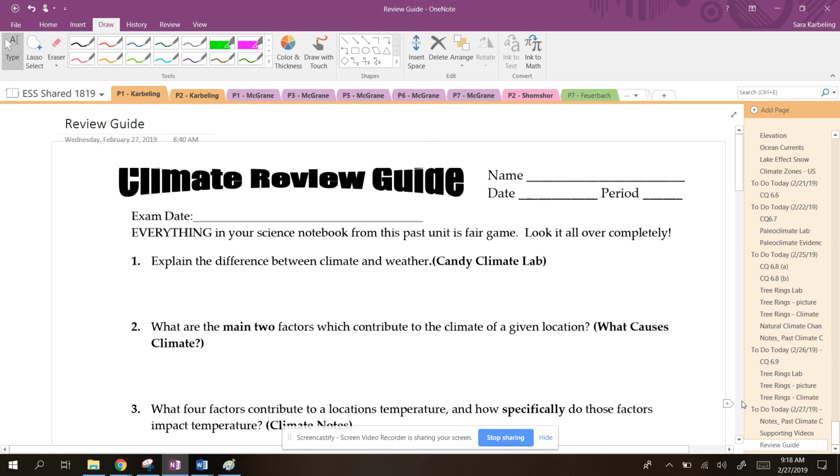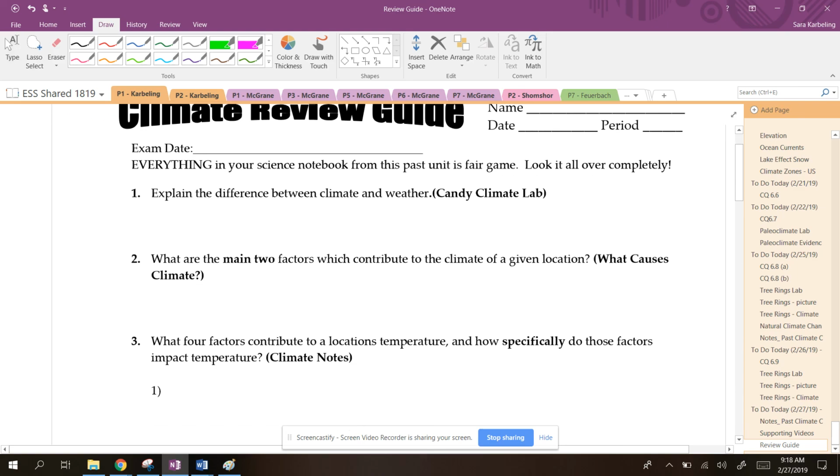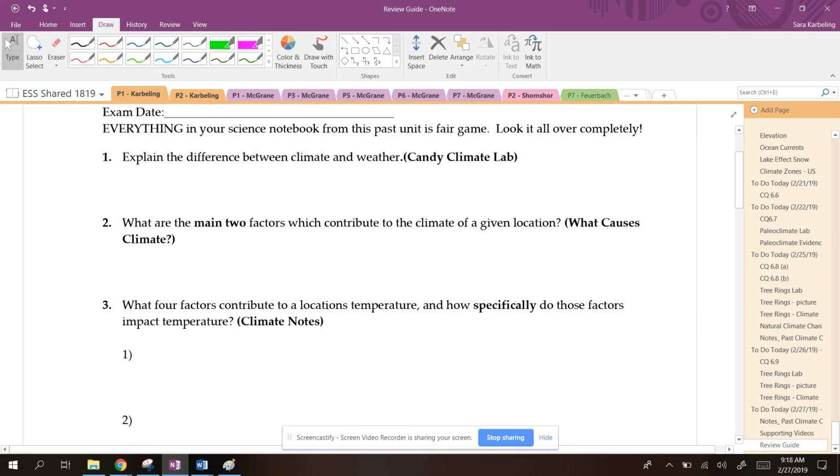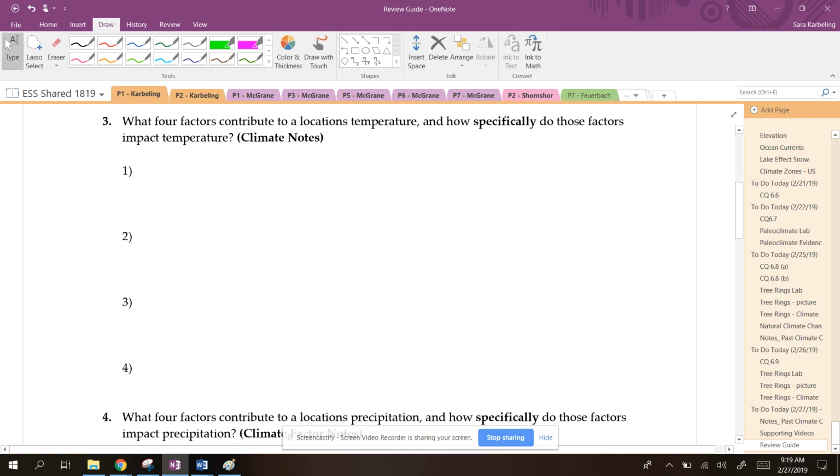The second thing that I wanted to say, though, is that it's not that if you have an answer for each of these, that you're good. This is intended to get you to look back at what we've done. Does that make sense? So if you look here, they've marked the Candy Climate Lab, the what causes climate, the climate notes. So instead of just writing, so it says what 4 factors contribute to a location's temperature and how do they impact the temperature?